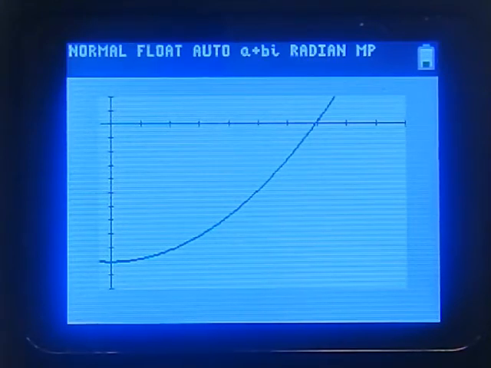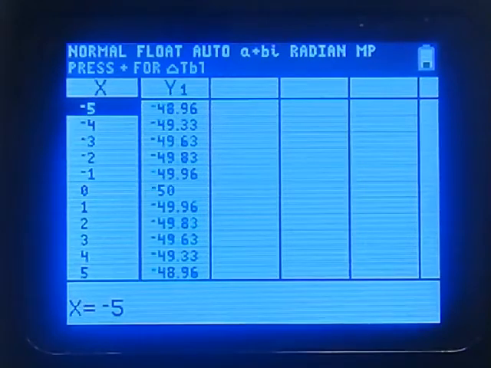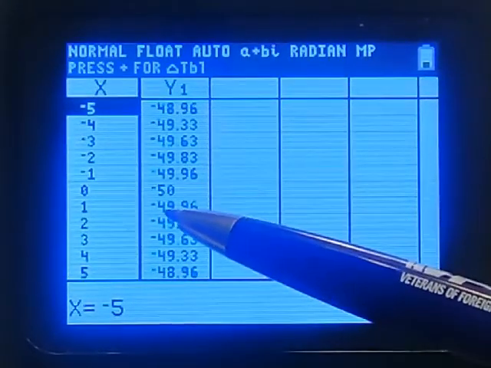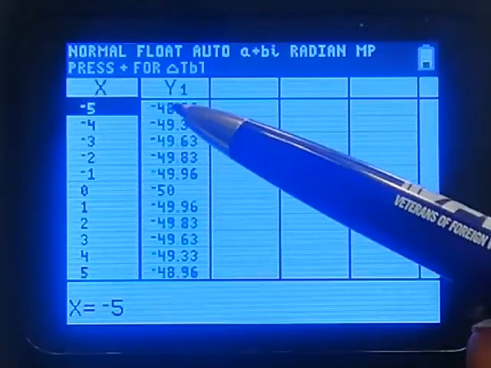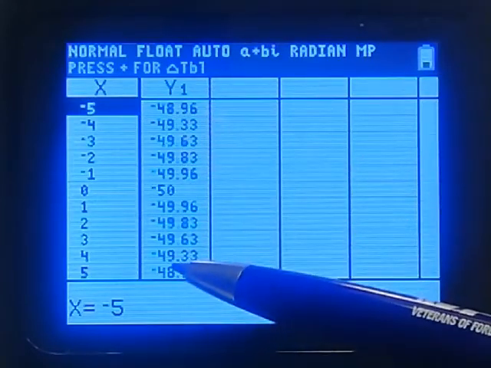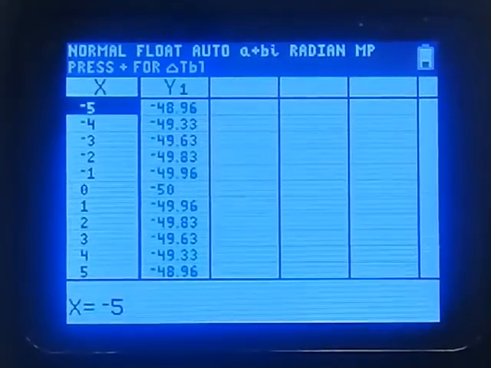So I'm going to go look at the table. Let's go look at the table. Second graph. And I can see from the table that I don't have y at 0. So I got to go way down here on my table. But you know, I mean, I could do that.